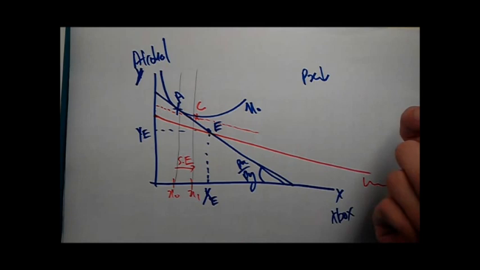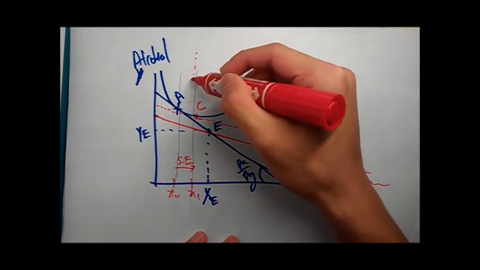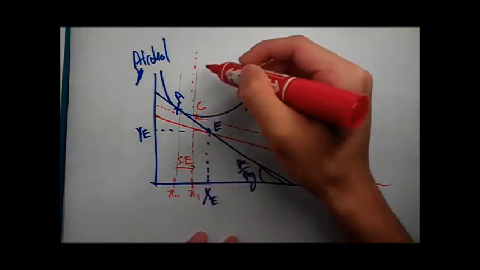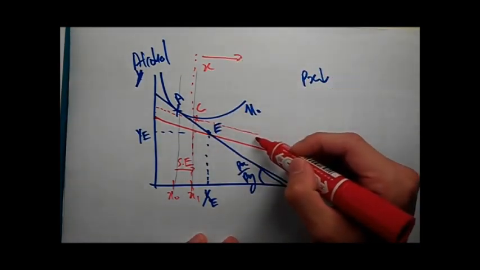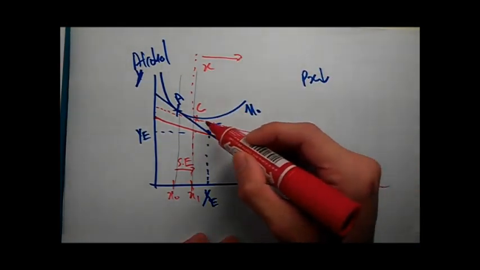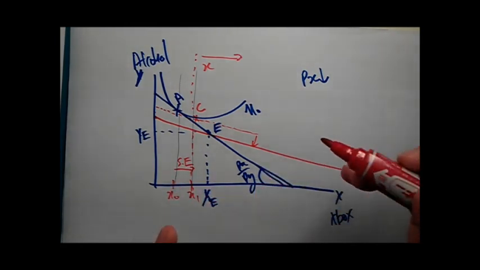But what does the income effect tell us? The income effect tells us how we should react given the current budget constraint that we have. So for a normal good, if I have more money, obviously I want to buy more of it. For an inferior good, it works the other way around. After drawing this line, we can identify that when we buy more of X, we can see from here that because the imaginary budget line is above the new budget line, there has been a drop in real income.